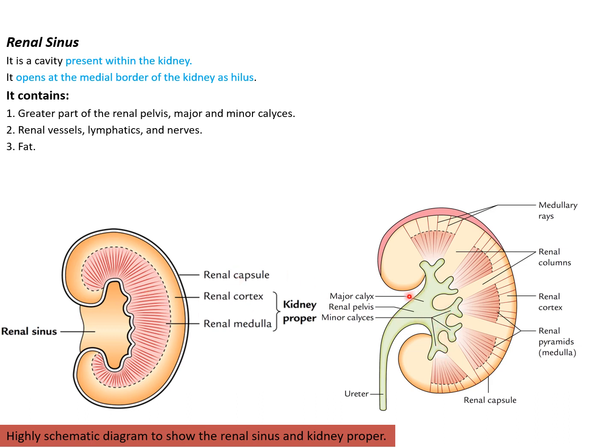So the greater part of the renal pelvis, the major calyces and the minor calyces lies within the renal sinus. The renal vessels, lymphatics and nerves and perirenal fat also lie here. We know that the perirenal fat also follows the sinus.